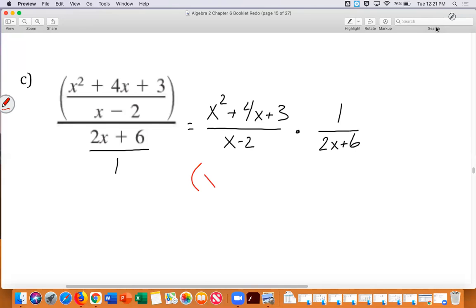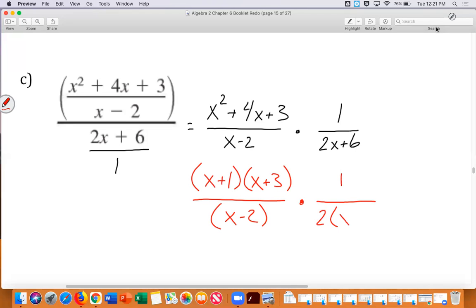1 and 3. So that's going to be x plus 1 times x plus 3 all over x minus 2 times, and then you factored the 2x plus 6, correct, Carolina? And you just factored out the 2? Right?